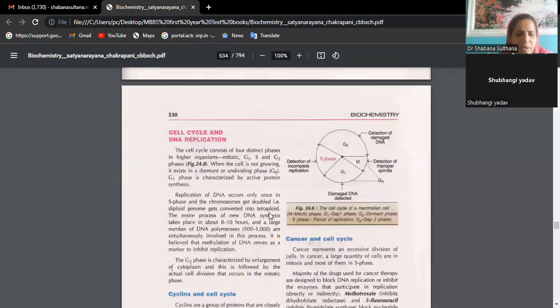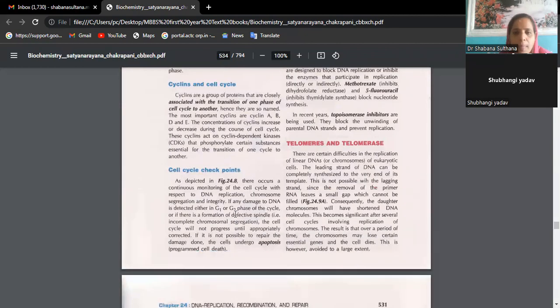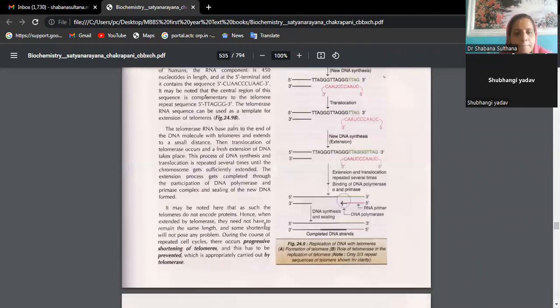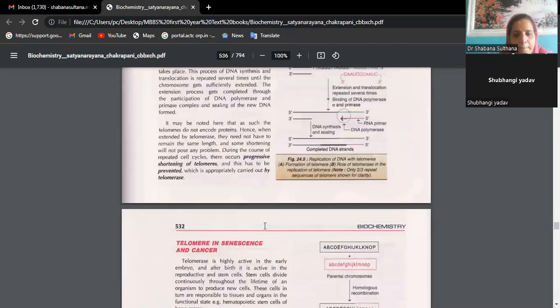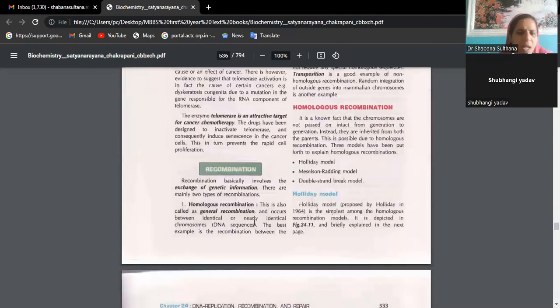Cell cycle is not required. That is nothing but the precursor of mitosis and meiosis. Telomeres and telomerases also you don't require. We don't even require these recombinations.